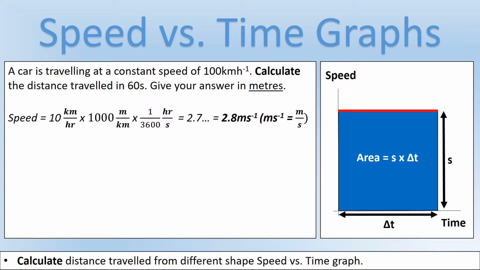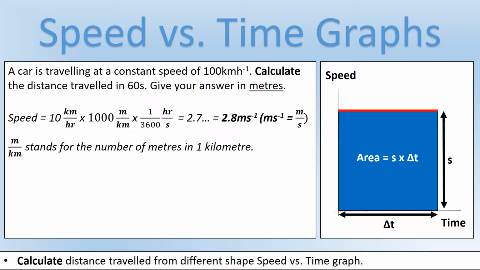So just to explain what the notation you can see there means. On the right hand side, ms to the power of -1 is the same as meters per second, but it's just easier to write on the computer, so that's quite commonly used. When you see meters per kilometer, that stands for the number of meters in 1 kilometer.